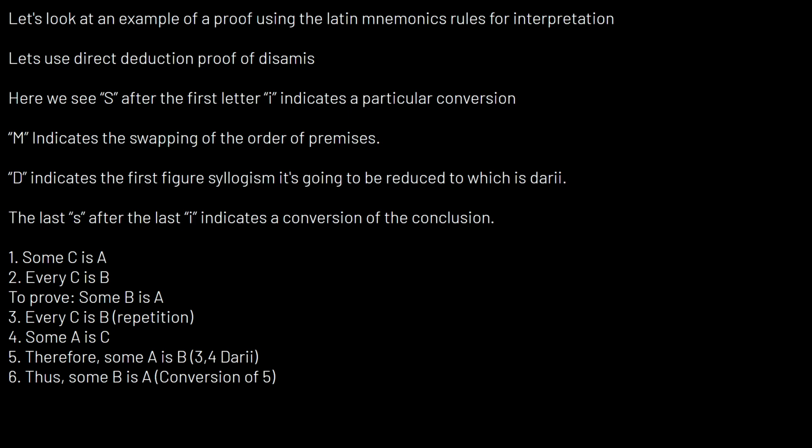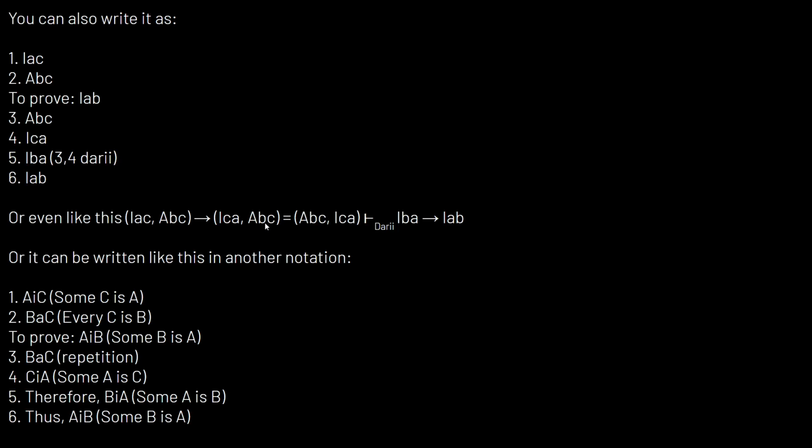Because notice the placement of the middle term, which is C. It's in every C is B and some A is C. And therefore I conclude some A is B. But notice that because there was an S after the last I of Disamis, that indicates that I have to convert the conclusion. Therefore I can convert it to some B is A, thus proving the original conclusion. Sorry if that was a little bit complicated, but if you have any questions, please ask me.